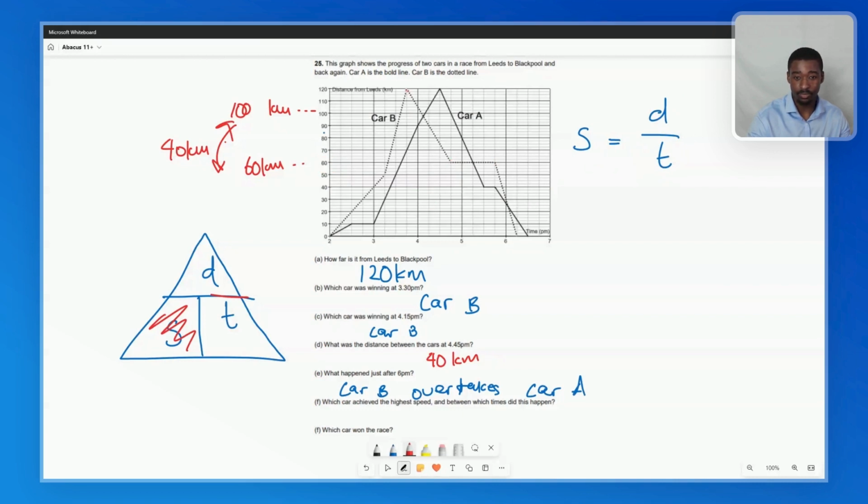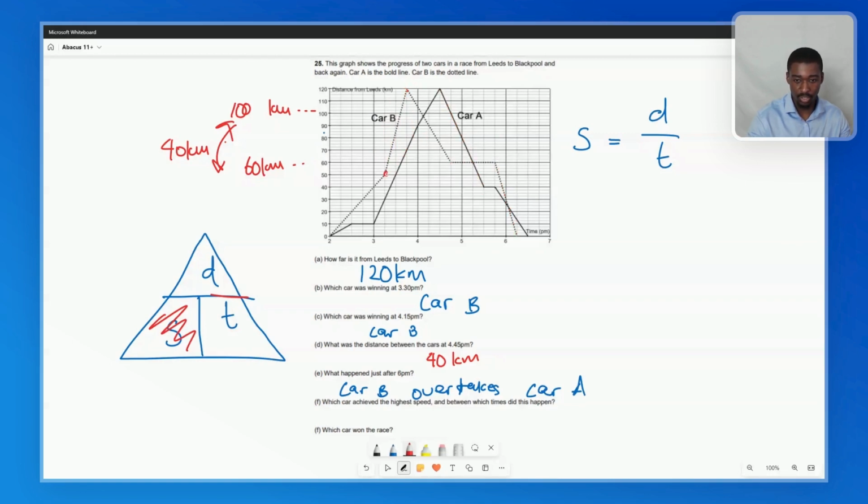So this line could be a contender, and also this line could be a contender. So let's work out the speeds for these three lines. Those look like the steepest lines in the graph. So the first one we have here. What's the distance? What's the time?